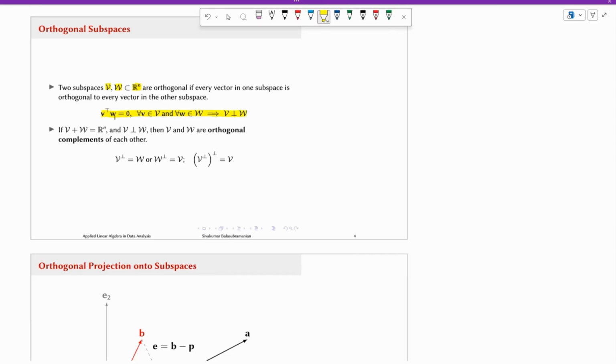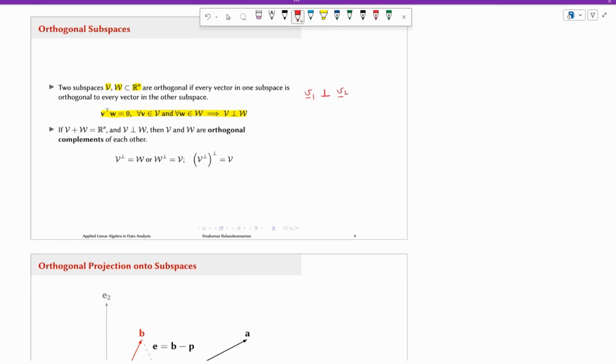If v and w vectors are orthogonal to each other, where v is an element from the subspace V, and w is any element from the subspace W, then we say the two subspaces V and W are orthogonal to each other. Earlier, when two vectors are orthogonal to each other, let's say v1 is orthogonal to v2, then we would usually write it like this.